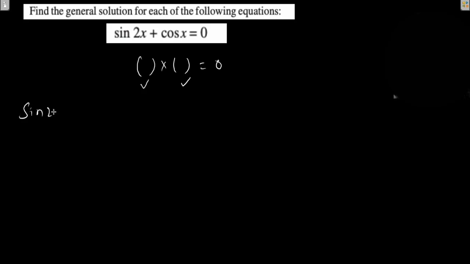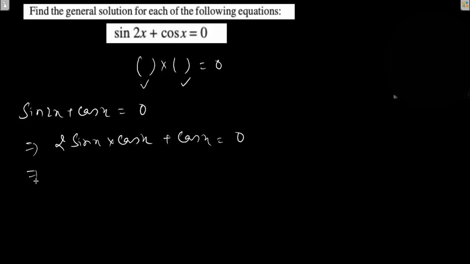Sin 2x plus cos x equals 0. We know that sin 2x is nothing but 2 sin x cos x, and then cos x we'll keep as is. Then we take the cos x out as common, and we are left with 2 sin x plus 1. So it's again reduced to two products, right?